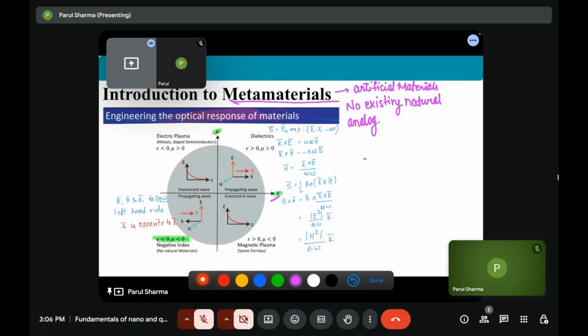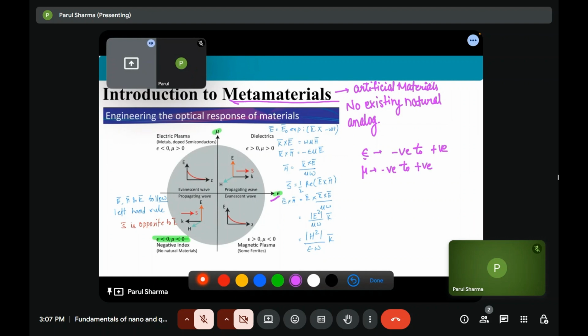Permittivity can range from negative to positive for various materials, and similarly mu can also range from negative to positive.